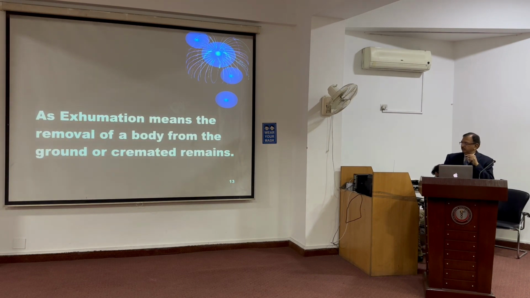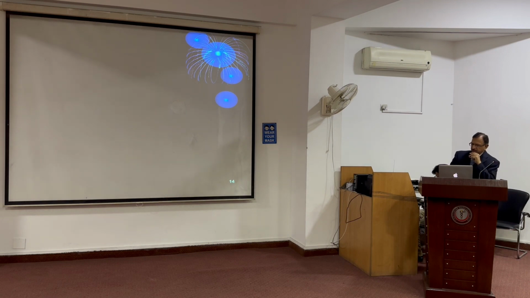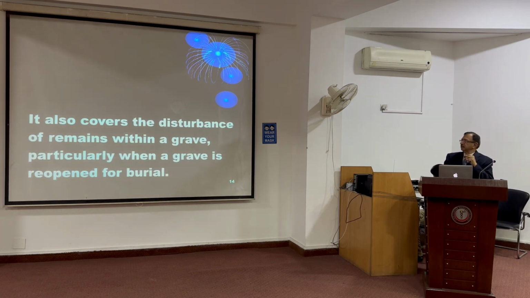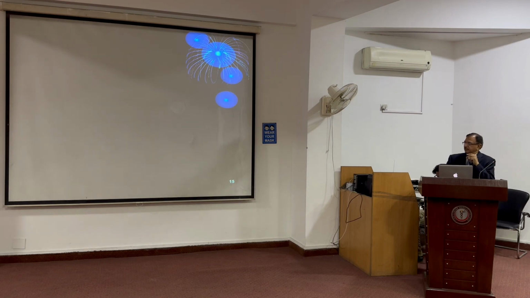Exhumation is the removal of the body or cremated remains, because in various countries bodies are burned, and those burnt remains are buried and can be ordered for examination. It also covers disturbance of remains within the grave. Sometimes you have to search for something, rebury from one place to another, or recover something; that is disturbing the grave, and it is done upon these orders.